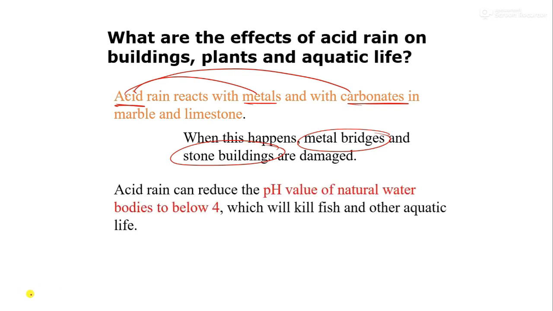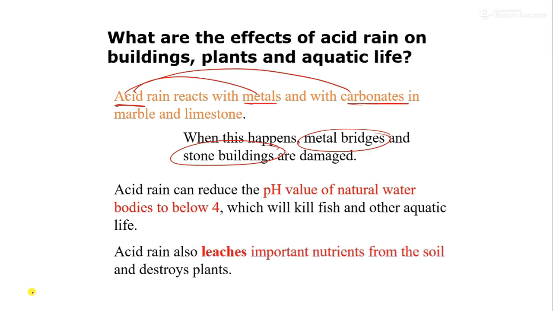Acid rain can also affect aquatic life because of its pH. Too low a pH is harmful for aquatic life. So when rainwater starts mingling with oceans, rivers, and lakes, it will decrease the pH of the water, and it is very harmful for aquatic life. It also leaches important nutrients from the soil and destroys plants.